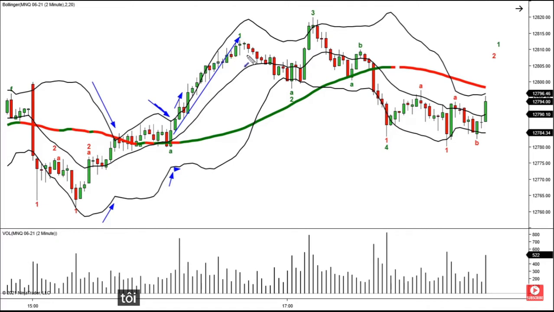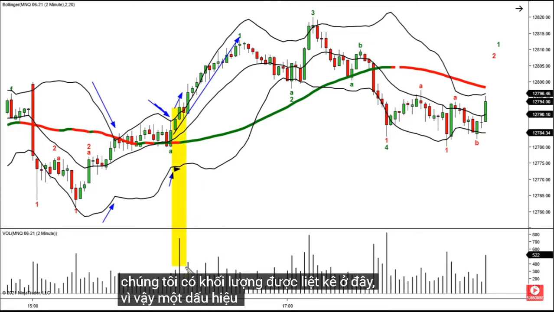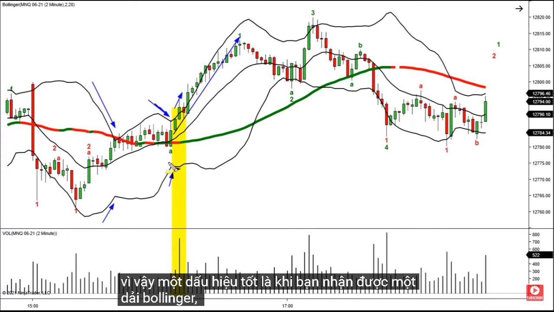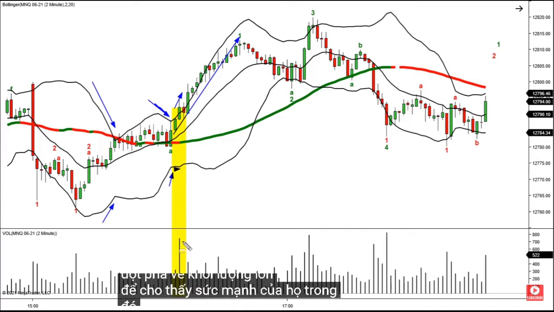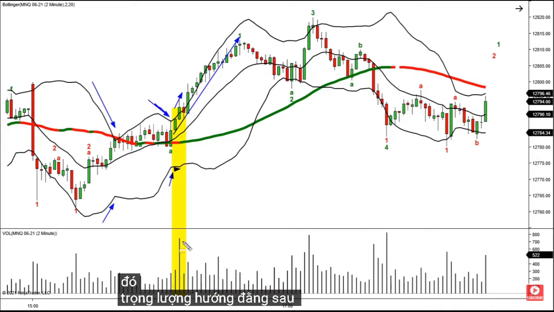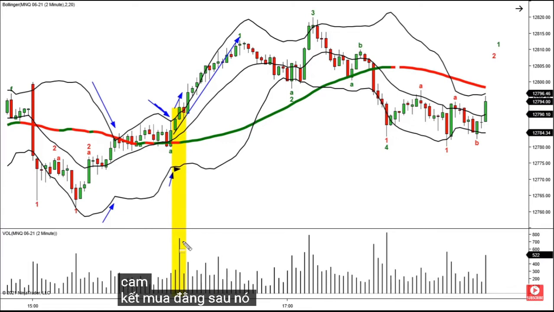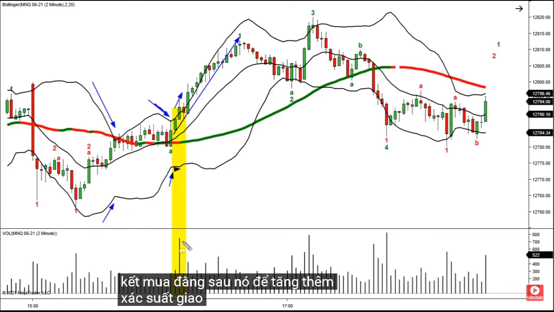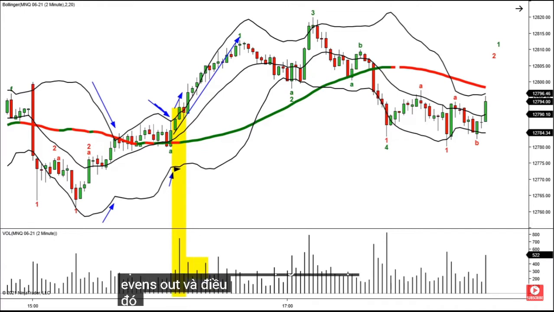And then I wait and look for a couple of things. First of all, let's relate this to volume. I've got volume listed here. A good sign is when you get a Bollinger Band squeeze breakout on big volume. That shows there's strength in that direction, weight behind it, orders behind it, people committed to buying. So that adds to the probability of the trade. And then volume just kind of evens out, and that's perfectly fine.